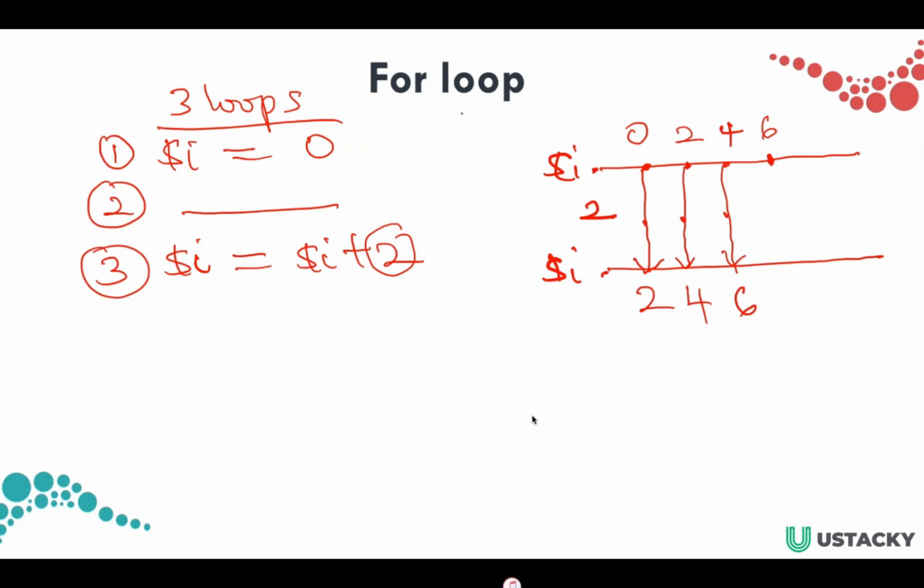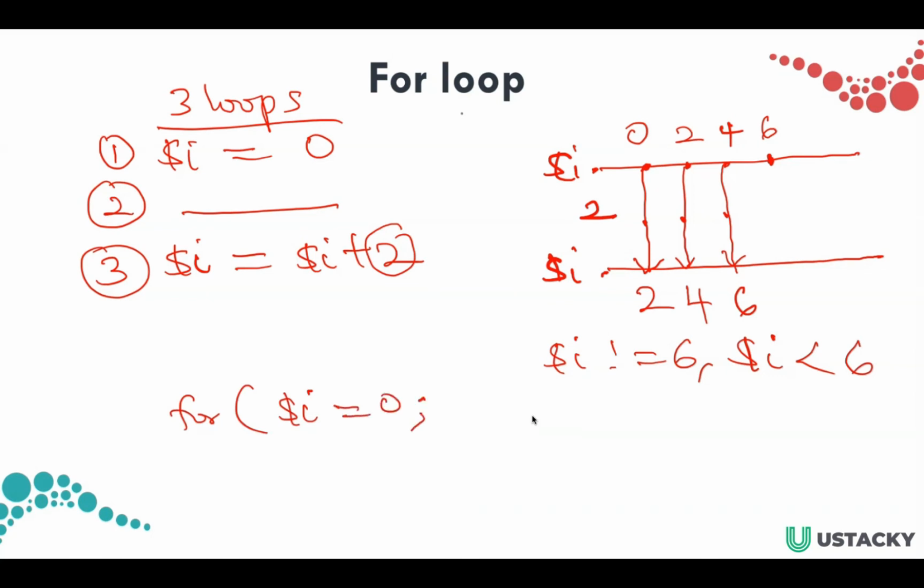To write the second component, it's going to be $I is not equals to 6, or we can write it as $I is less than 6. So to write the for loop, we have for, $I equals 0, the starting point, $I is not equals to 6, and $I equals to $I plus 2.